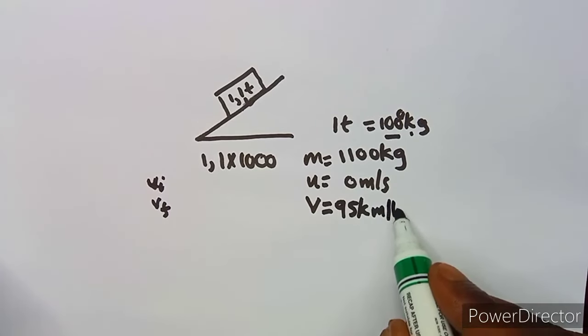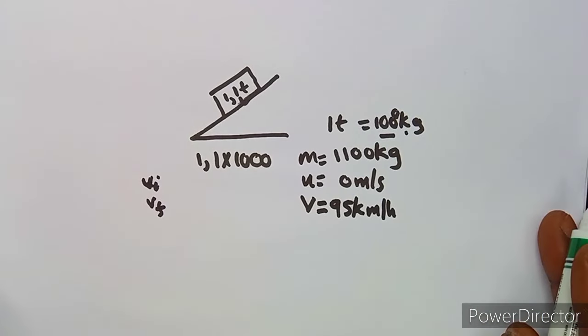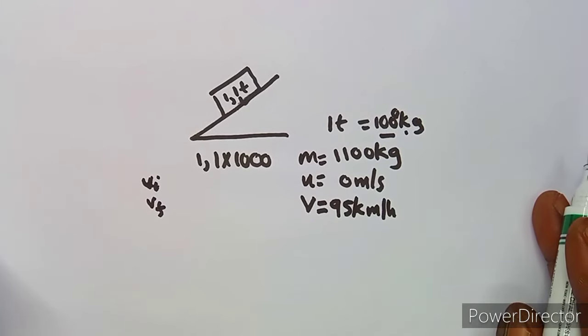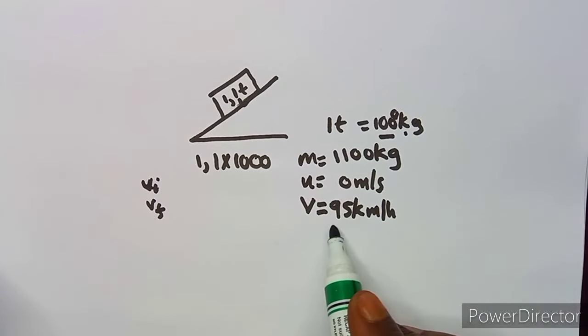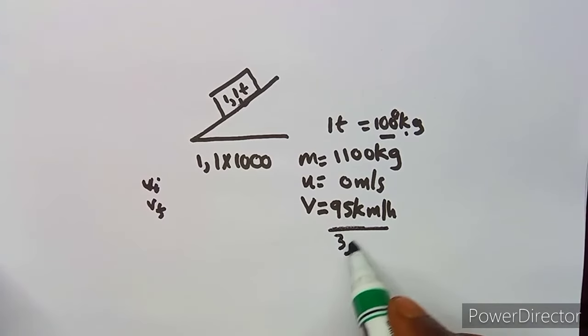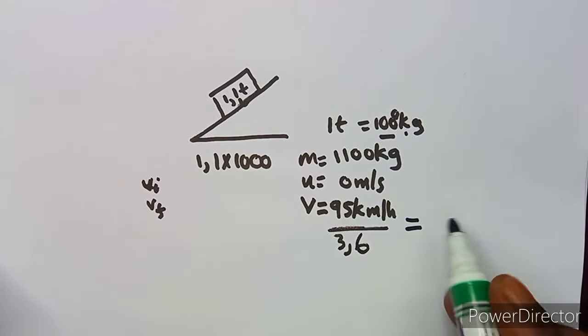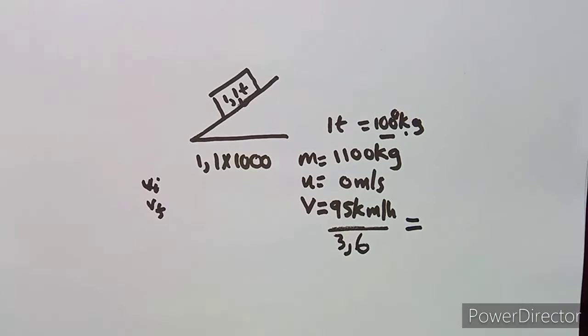But take note here, guys, we are supposed to have this velocity in meters per second. So how are you going to do that? Remember the relationship between kilometers per hour and meters per second: you're just going to divide by 3,6. The moment you divide by 3,6, you obtain your velocity in meters per second.